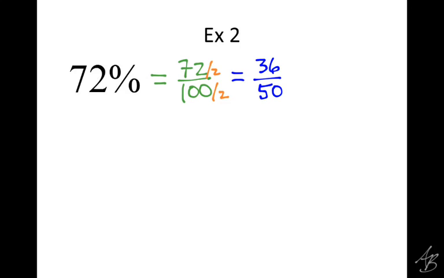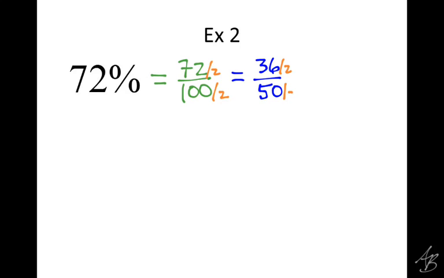Next one, we have 72%. So again, 72% means 72 out of 100. So what's the fraction going to look like? 72 over 100. And can I reduce this one by 2? Yeah, they're both even. So reduce by 2, and we get 36 over 50. Are we done? Nope, they're still both even, right?